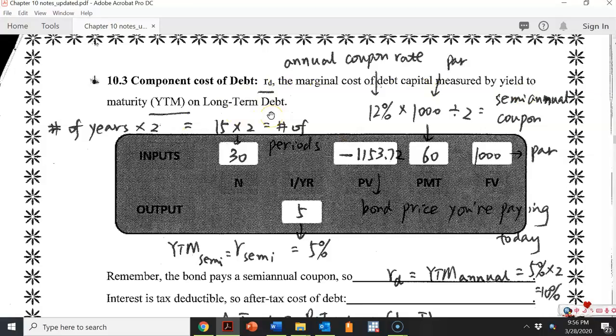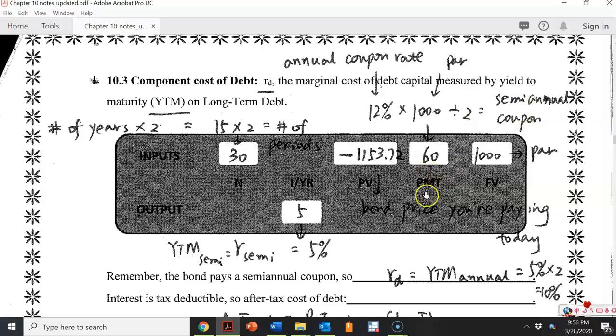We know from the question this is a semi-annual bond, because the annual coupon rate given is 12%, par is 1,000, so 12% multiplied by 1,000, the annual coupon payment is 120. We divide by 2, so the semi-annual coupon payment is 60.